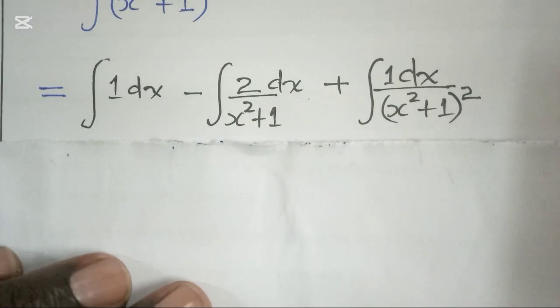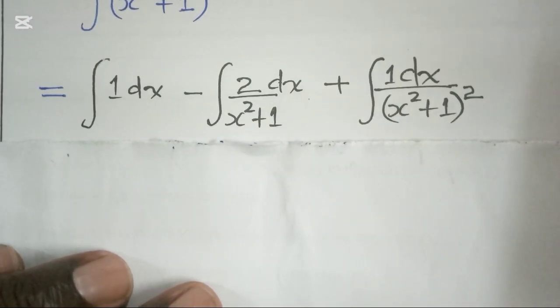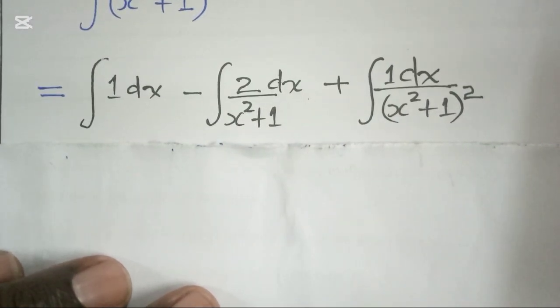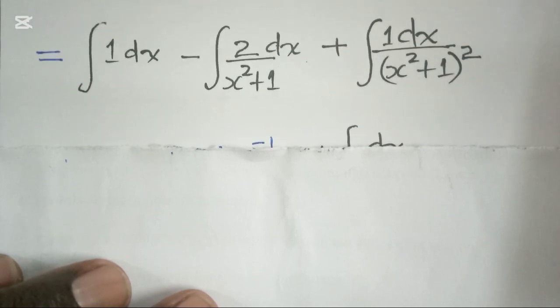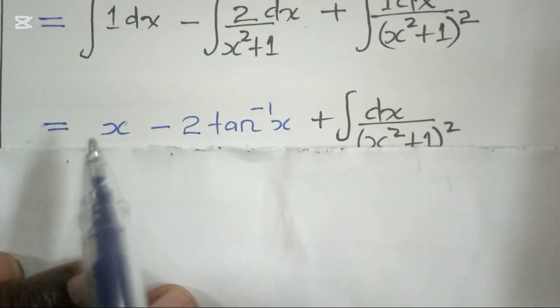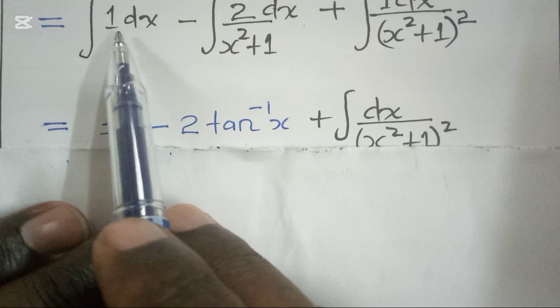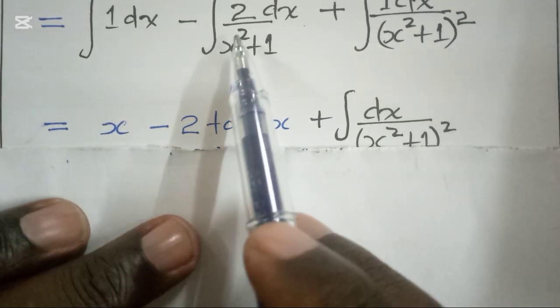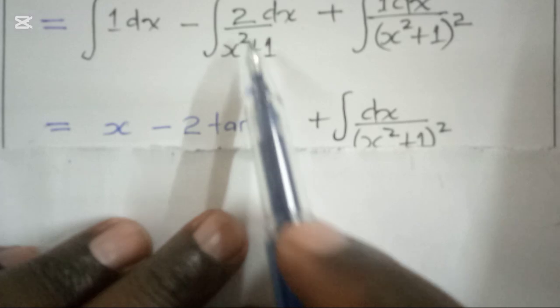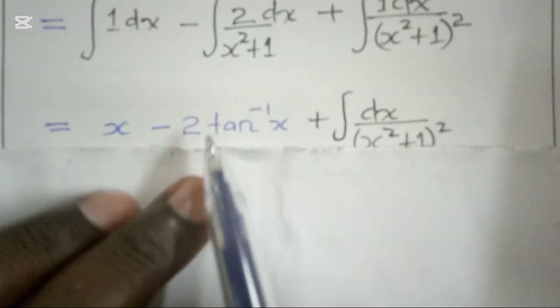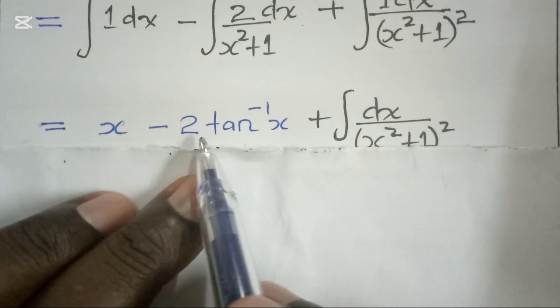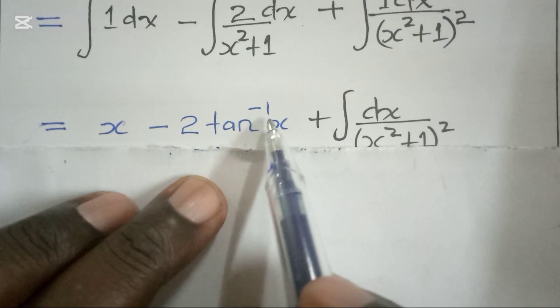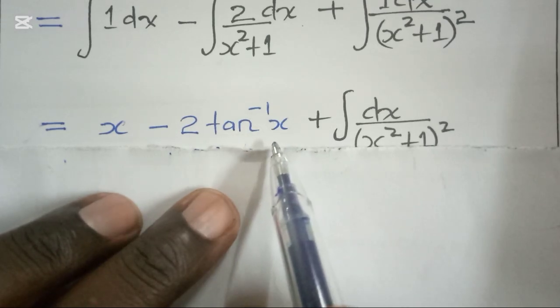And now we want to integrate. Beginning with the first term, for the integral of dx, we get x. For the integral of 2 all over x squared plus 1, this comes to 2 tan inverse x.